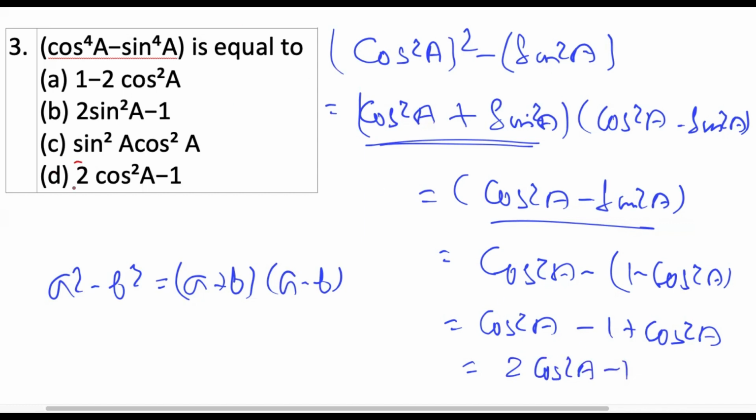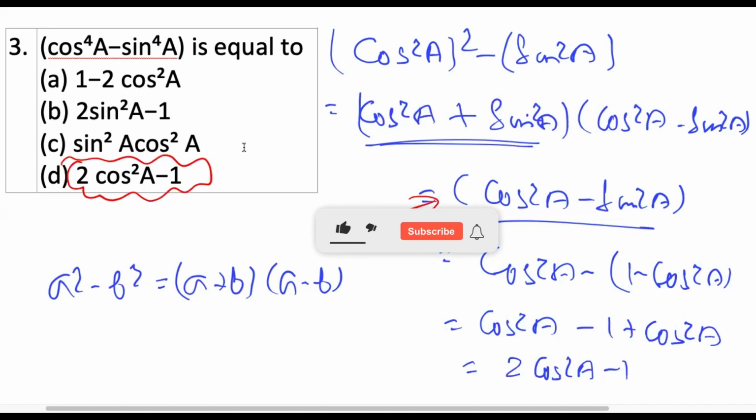Now from here, I can figure out that we got one of these options. Looking into the options we had, we converted sin square A as 1 minus cos square A.